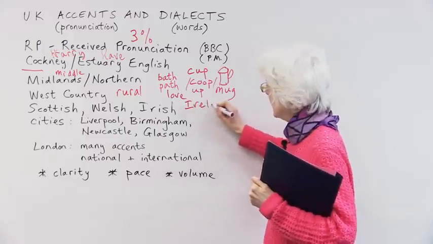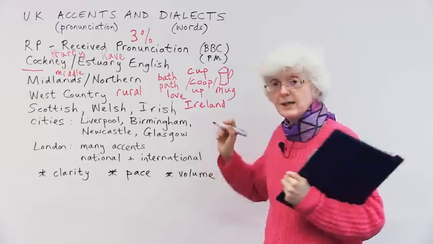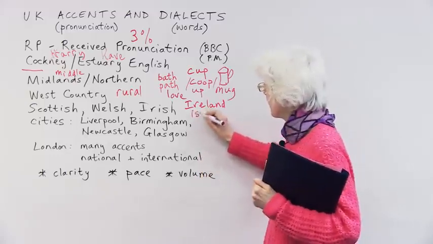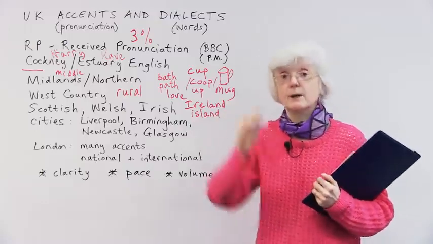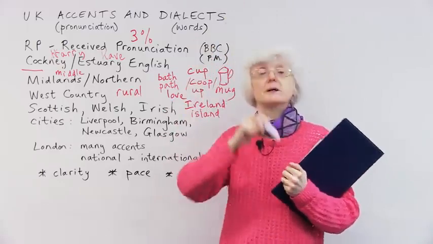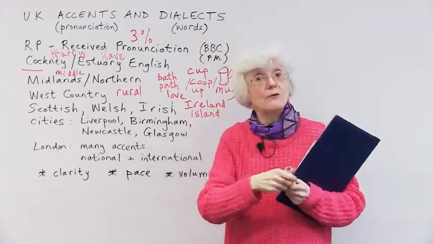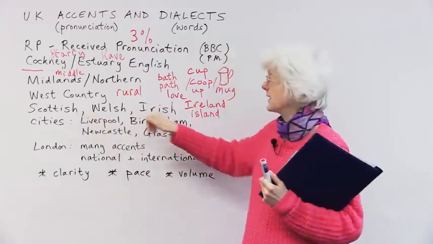Ireland is the name of the country, and it is an island. And of course, Britain, Scotland and Wales is another island because it has the sea all around it. So each of these have their own accent again.